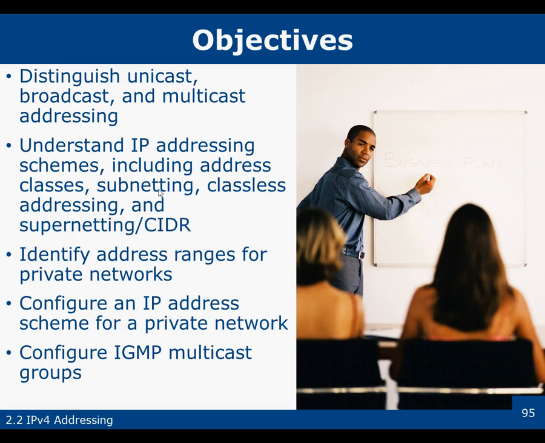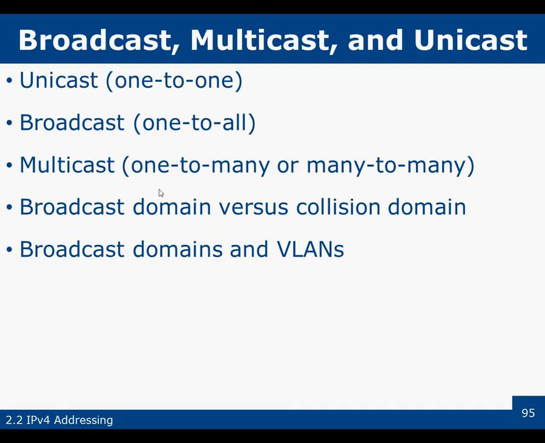Multicast, one of the things up here at the top, obviously, that we do. So we have these different methods of sending information from one location to the other. A unicast address is a one-to-one, one computer to the other, and if we're using a switch, only those two machines are going to see unicast traffic.